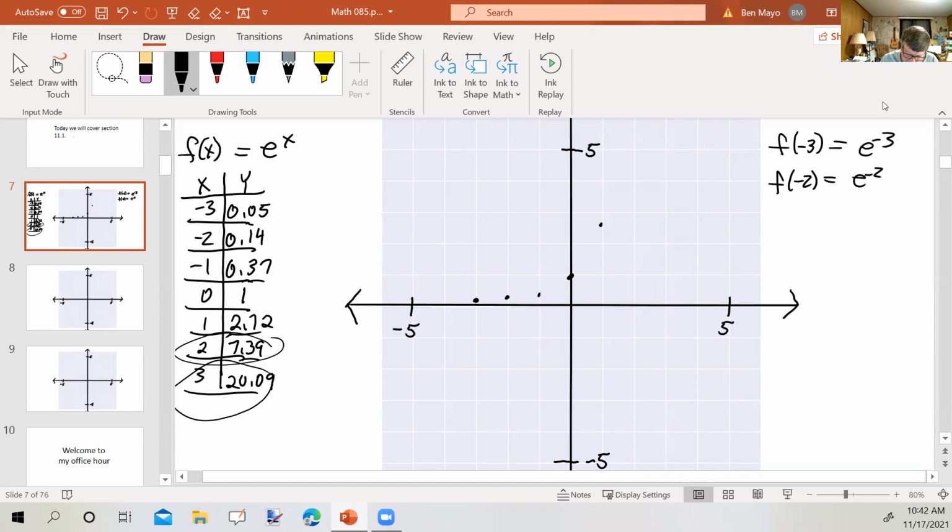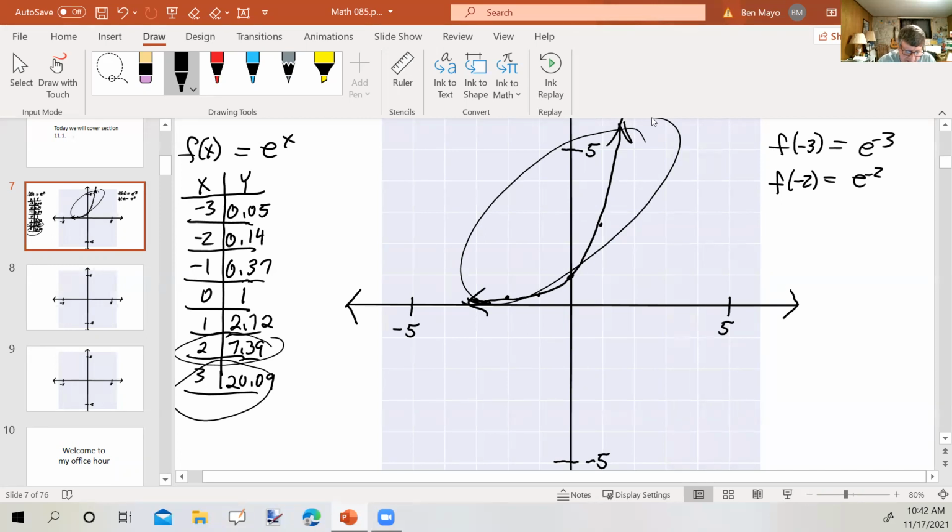When x is 2, y is 7, which is up off the graph. So anyway, we get a graph like that. It looks very much like if we graphed y equals 2 to the x and then y equals 3 to the x. Because this is 2.7-ish, it would lie in between those two graphs.